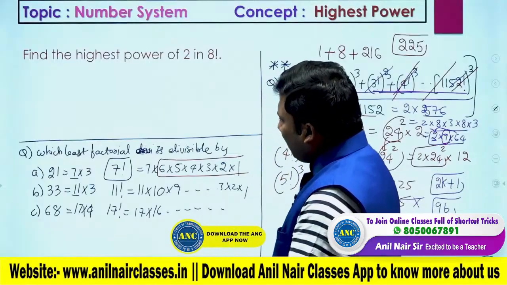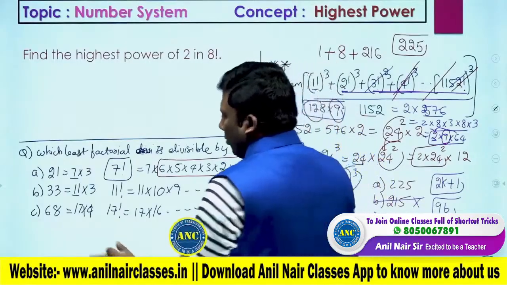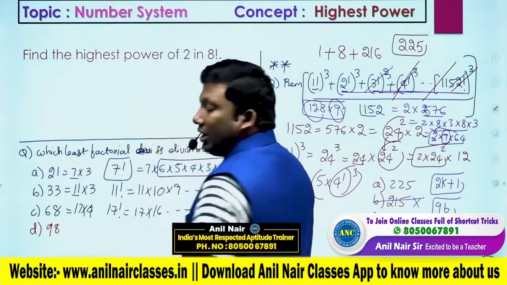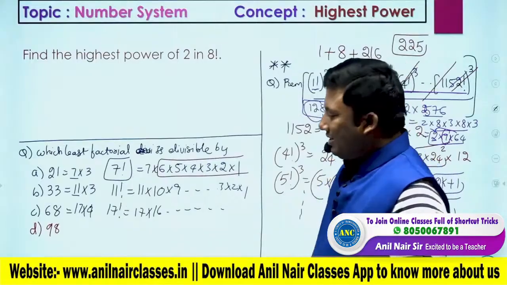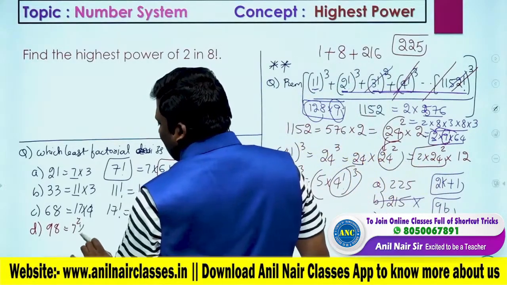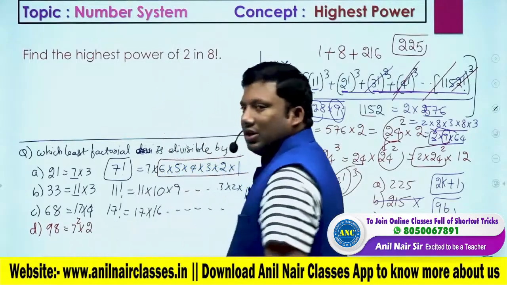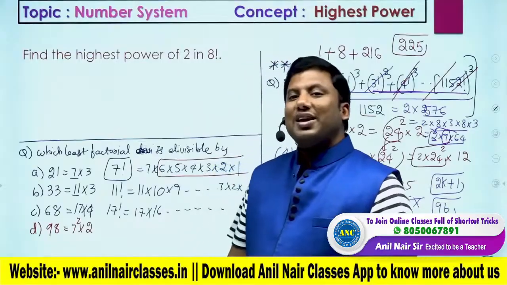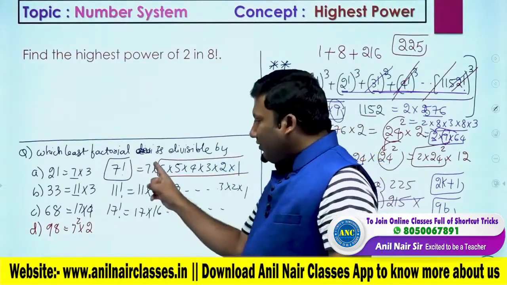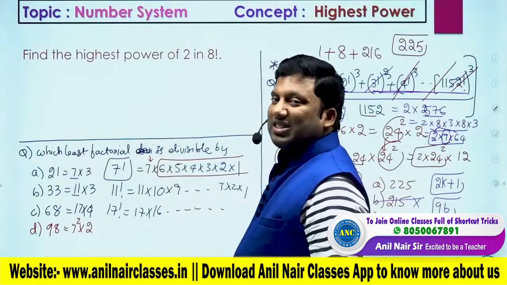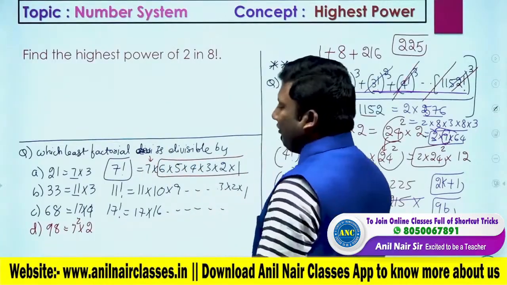Now if you see here, suppose the question is 98. What is 98? 98 is 7 square into 2. So what should be the minimum power of 7? 2. But in 7 factorial, only 1 power of 7 I got. What is the next multiple of 7? 14 factorial.